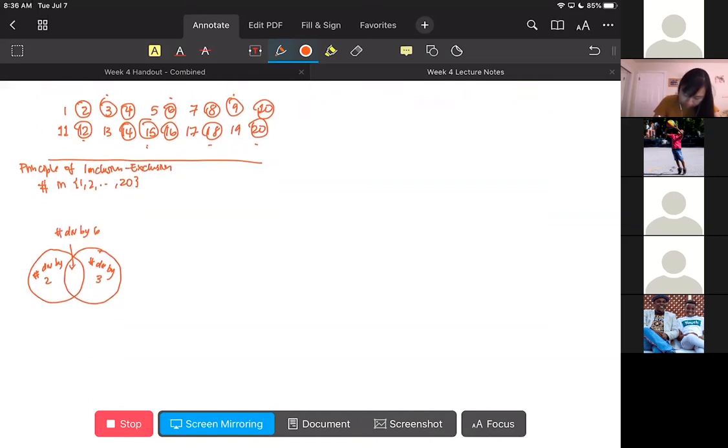Then basically we see that the number of numbers that are divisible by 2 or by 3, which is the union of these two sets, equals the number in here plus the number in here minus the number in here, because we're counting it twice.